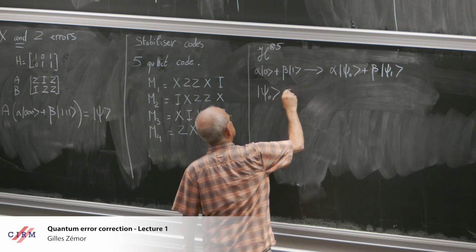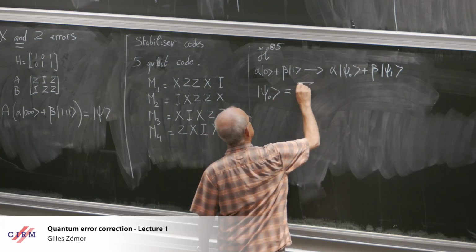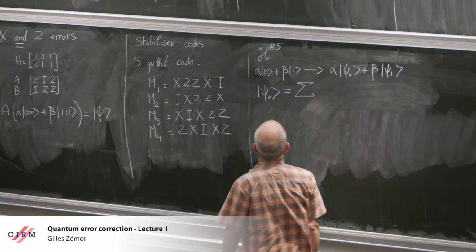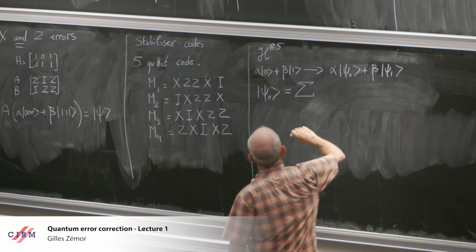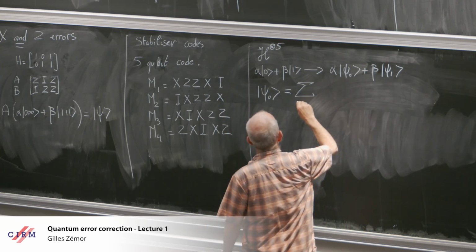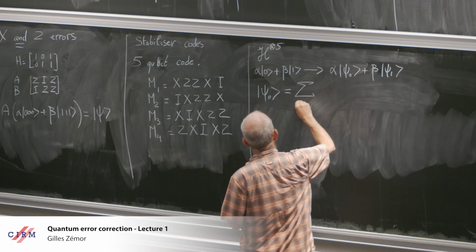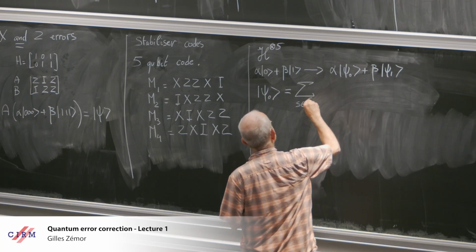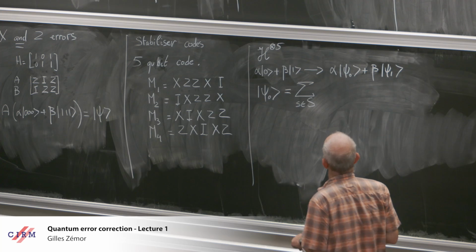Psi 0 is defined like this. It's the sum over all operators little s in large S. I haven't said yet what large S is.